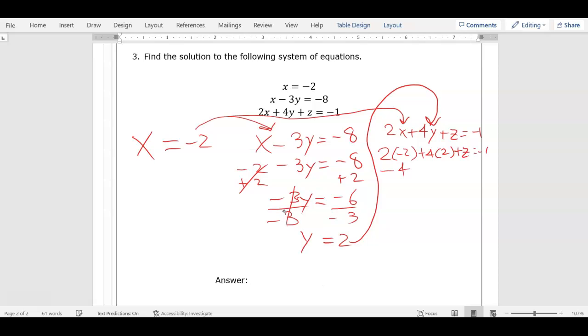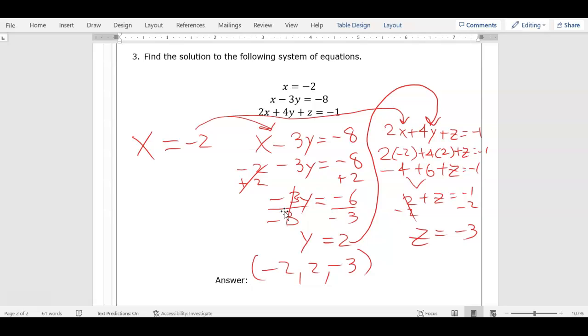So I get negative 4 plus 8 plus z equals negative 1. I get 4 plus z equals negative 1. Then z equals negative 5. Negative 2, 2, negative 5 is my final answer.